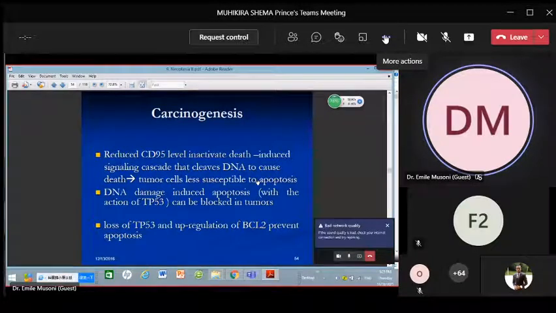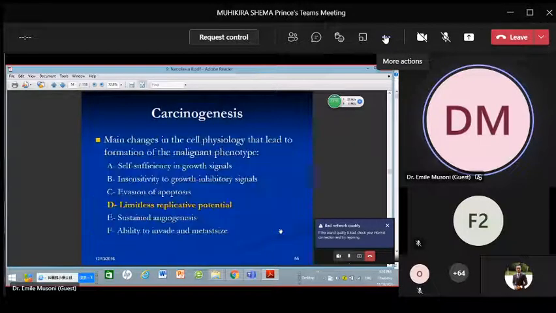Reduced CD95 level inactivates the death signal. DNA damage-induced apoptosis with p53 can be blocked in tumors, meaning that loss of p53 and upregulation of BCL2 prevent apoptosis.